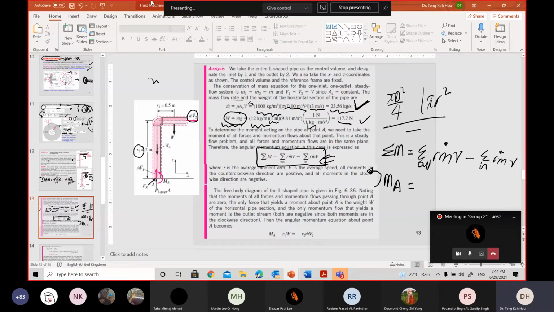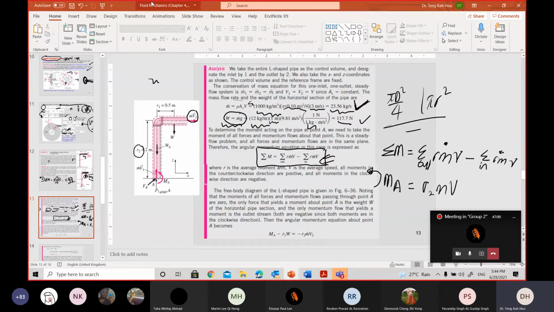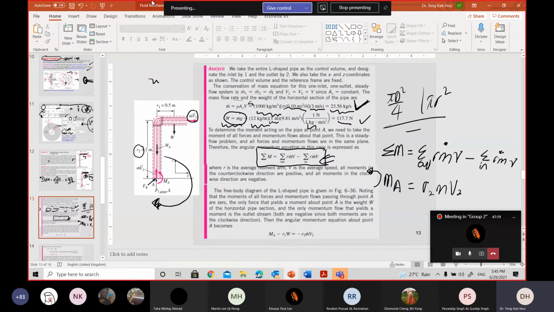So write down R2 MV2. But bear in mind, this is your positive direction, but when you have your rMV2, it goes in this direction times your length. That's why I need to put a negative. Can you follow me? Yes. Okay.